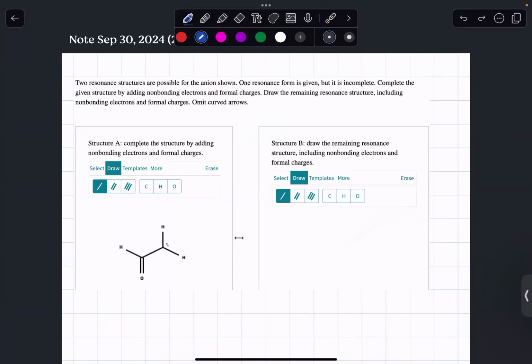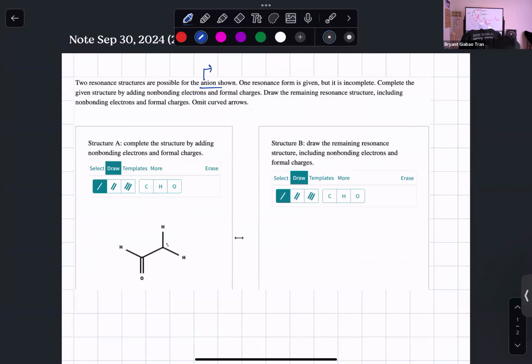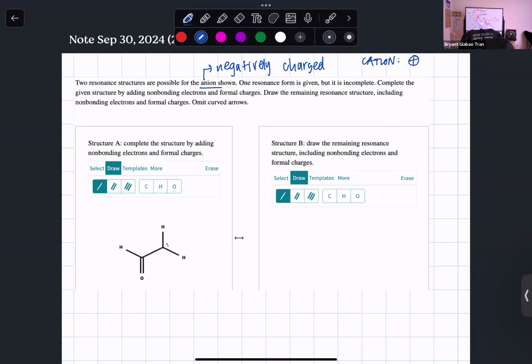No. An anion is going to be something that is negatively charged. Do you know the name of something that is positively charged? Cation? Yeah, cation is something that is positively charged. Anion is something that is negatively charged.